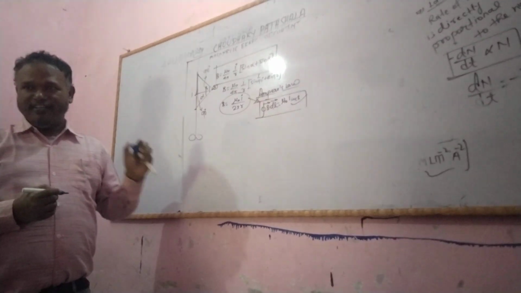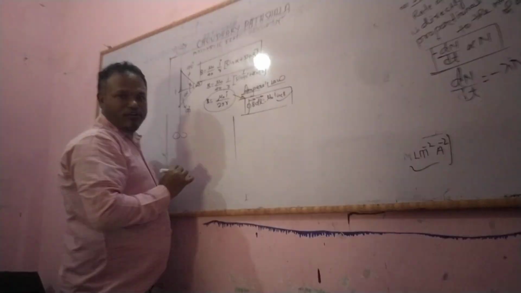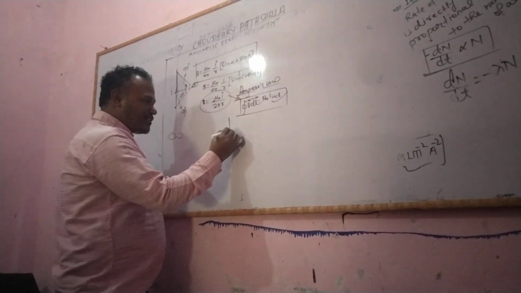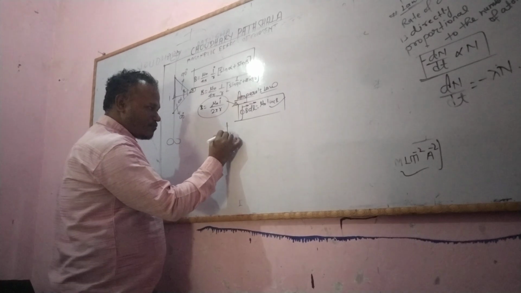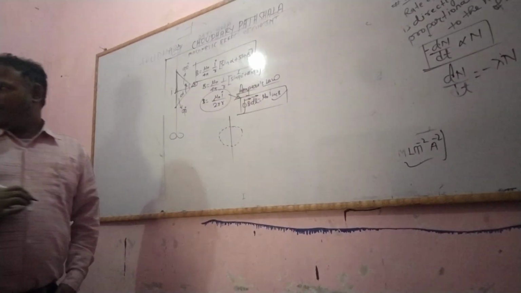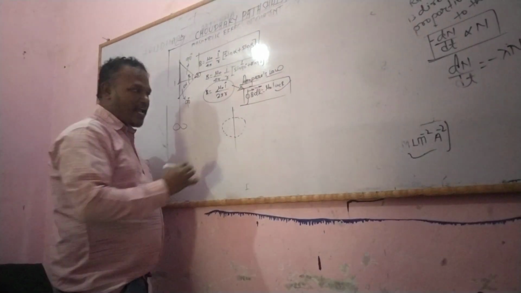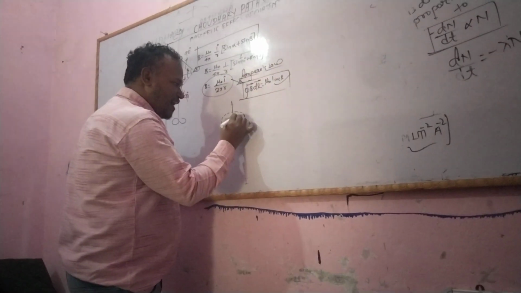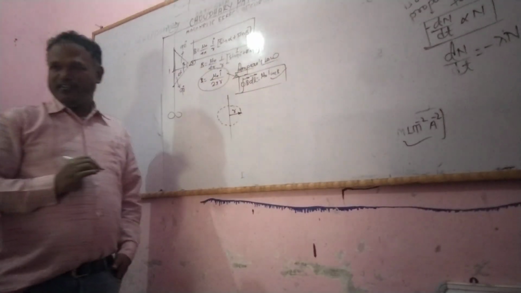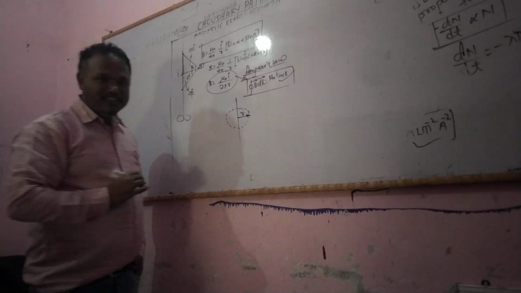Are you understanding? You should remember that result. So here, if the wire is infinitely long, then you take a circular curve. Ampere curve will be what? A circle. Take a circle of radius R here.